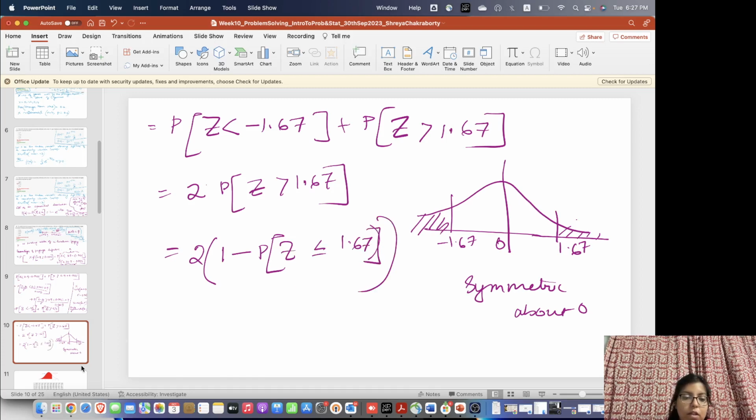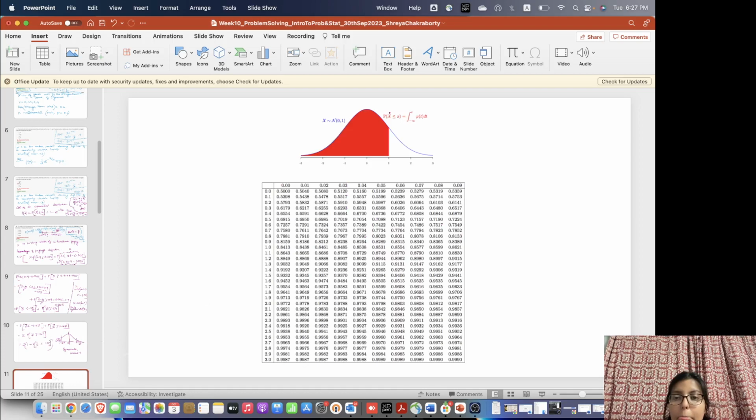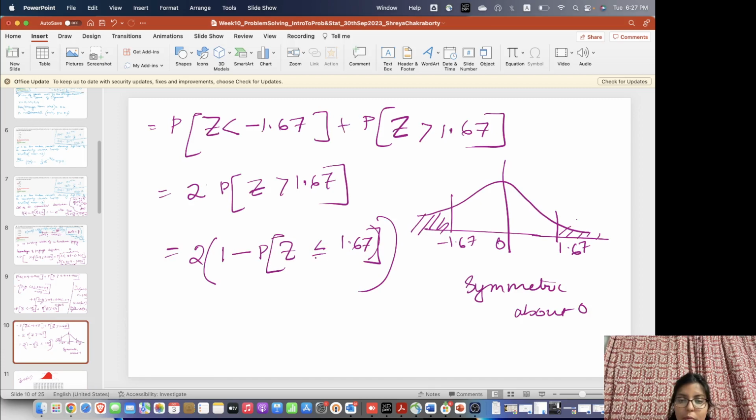We can write this as 2 times (1 minus the probability Z less than or equal to 1.67). Now from the table, this is what a standard normal table looks like. Here we have the probability Z less than or equal to 1.67.